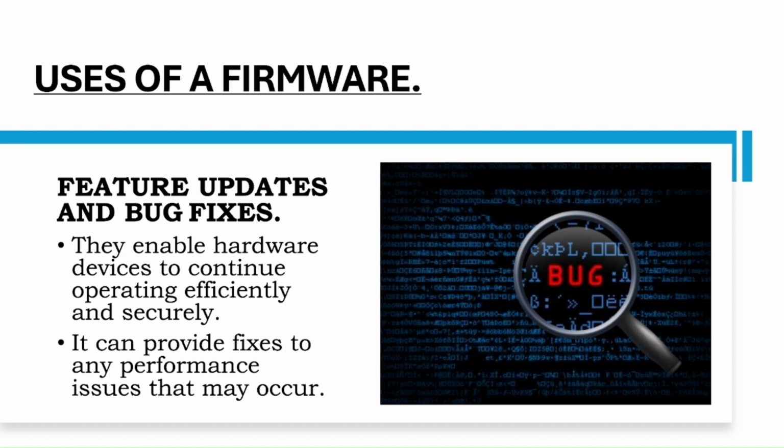With the ever-changing advances in technology, a firmware update also helps a device remain competitive with newer models. Manufacturers often release firmware updates to enhance device performance, add new features, and address security vulnerabilities.